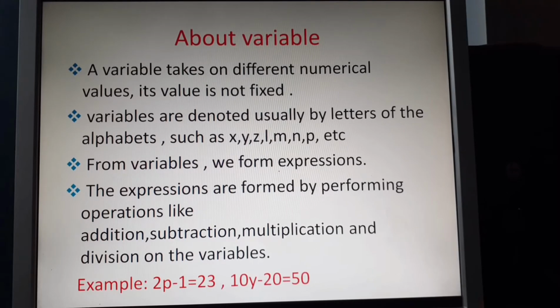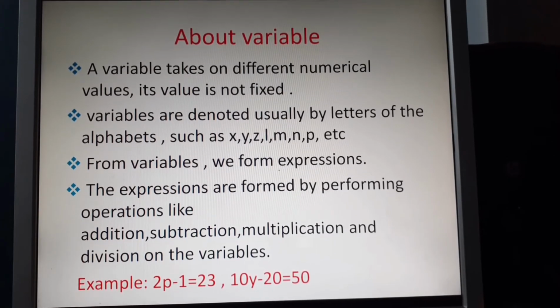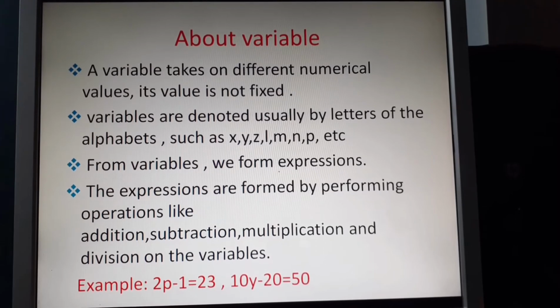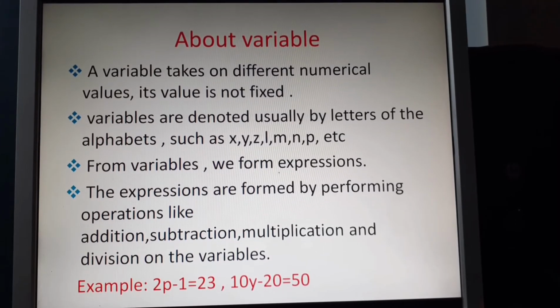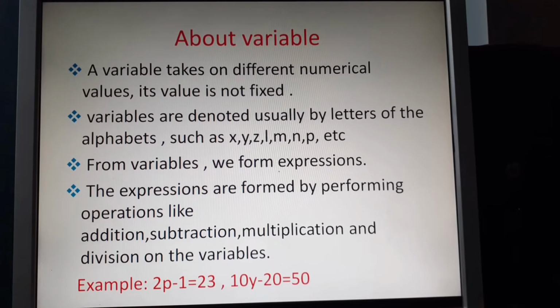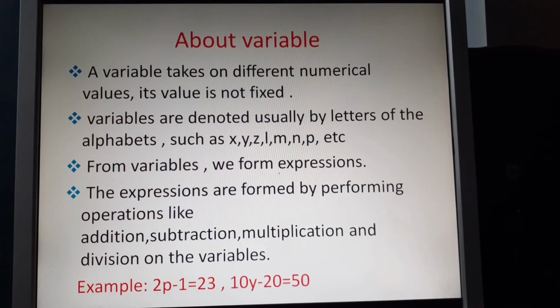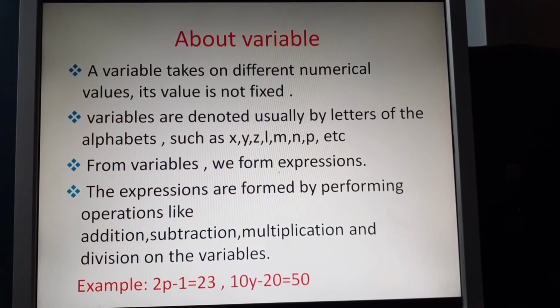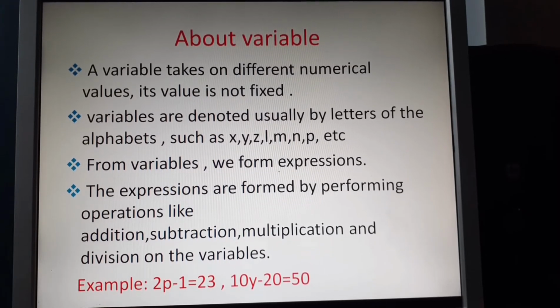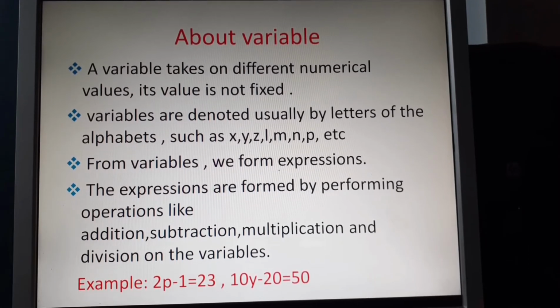Variables are denoted usually by the letters of the alphabets such as x, y, z, l, m, n, p, etc. From variables, we form expressions. The expressions are formed by performing operations like addition, subtraction, multiplication, and division on the variables.